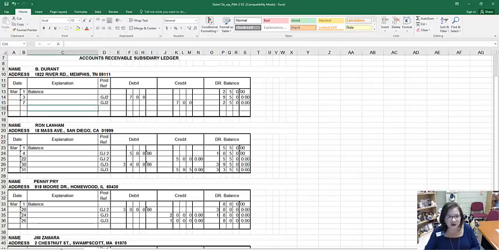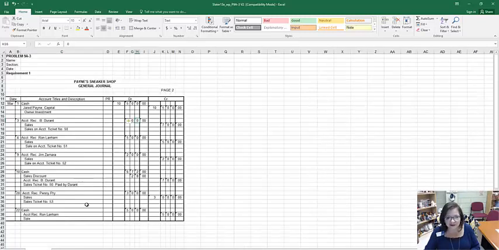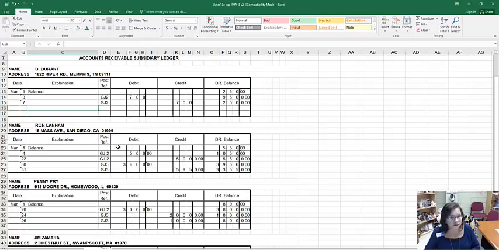Okay, what are we doing here? Hold on. We see it right here. We see that his amount when he first bought this on account was $700. It's right here and it's also in his ledger.